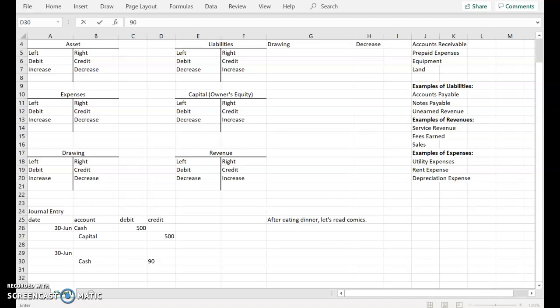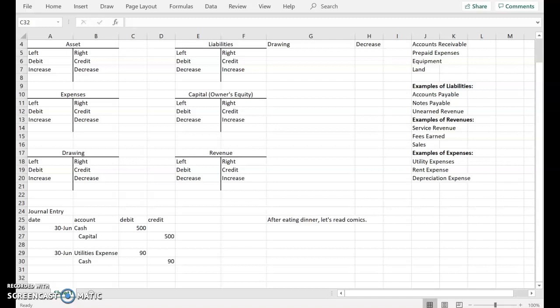Okay, now utilities expense needs to go up because every time I incur an expense, expenses are going up. So look up here and you see to increase expenses, you debit. So you would debit utilities expense and put 90 in the debit column, and debits equal credits, and that is your journal entry. And we would continue moving on just like that.